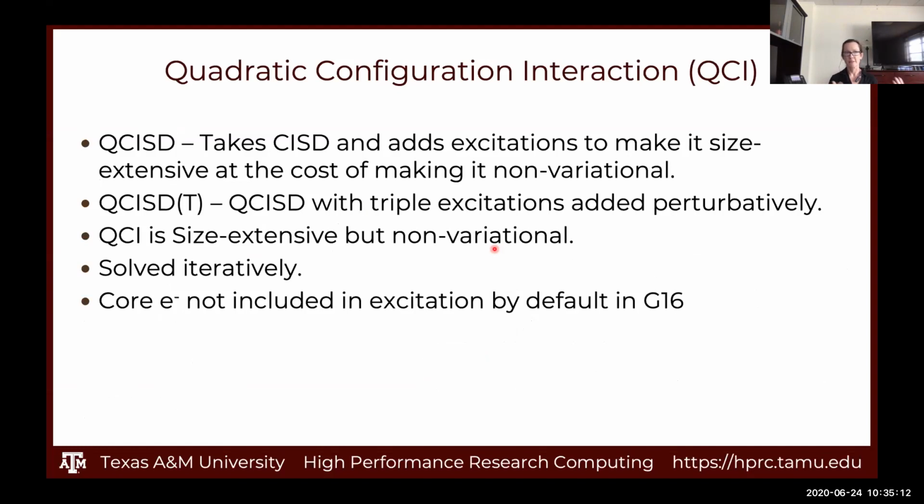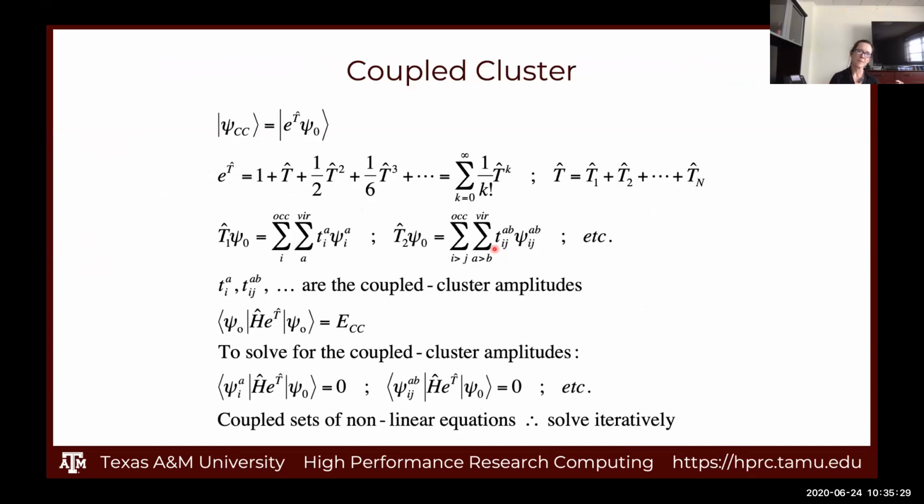So that's the main difference between truncated CI and quadratic configuration interaction: you gain size extensivity, but you lose variational, and it loses some electron correlation inclusion also. Okay. So you don't see QCI in the literature all that much anymore. You usually see coupled-cluster instead.